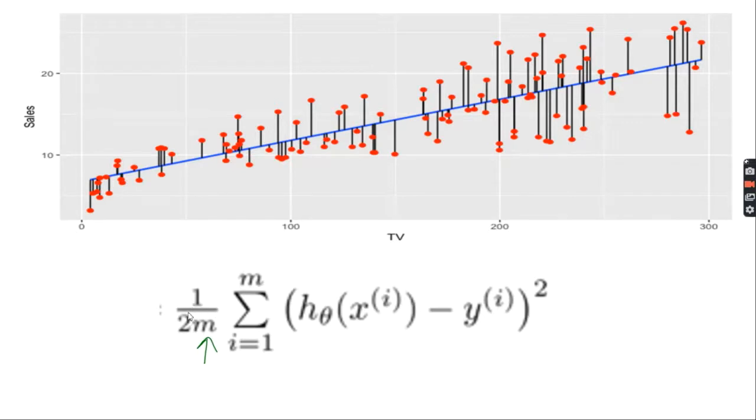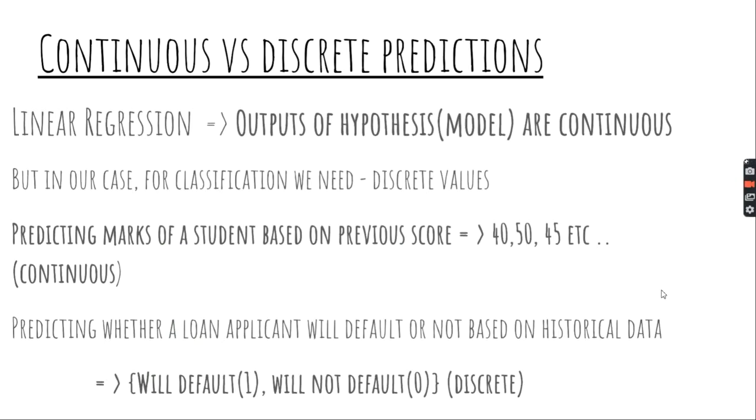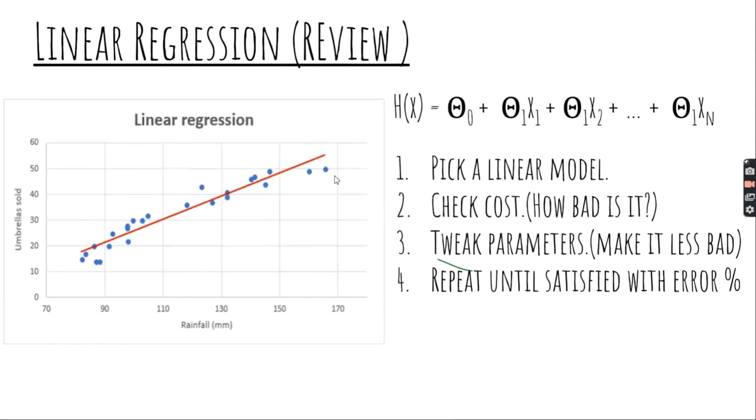The reason for keeping the 2 here is that in the later parts, when you use partial differentiation on this equation, this 2 comes out, and the two 2s cancel each other out, which is convenient. So this is what linear regression is.